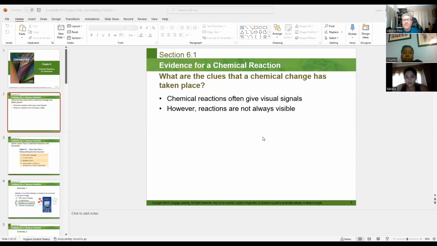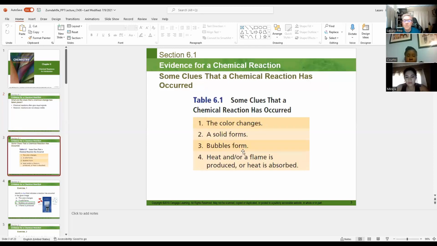All these are clues that tell you, oh, I am in front of a chemical reaction. Look, the color changes, a solid forms, bubbles form, heat, flame, or also light or sound.